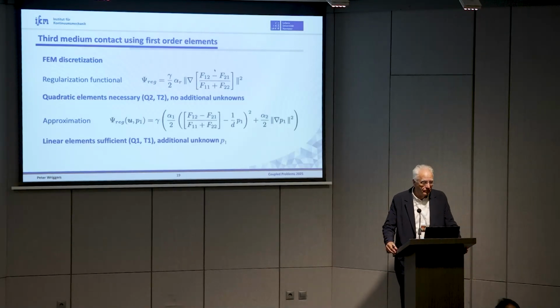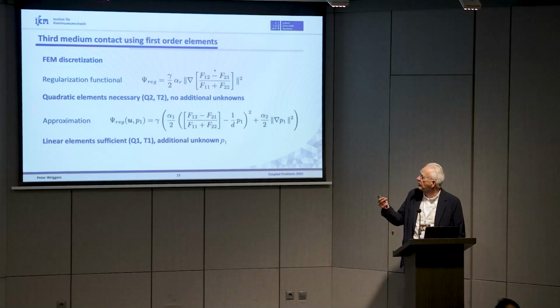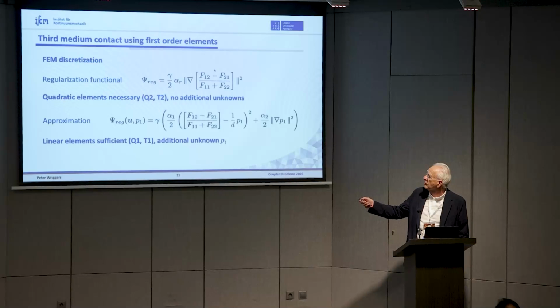T2 is questionable. Then the question was, how can we do this for first order elements? And the idea was the following, that we approximated this functional in a way which looks like here. The idea is basically that we introduce a new unknown P1.